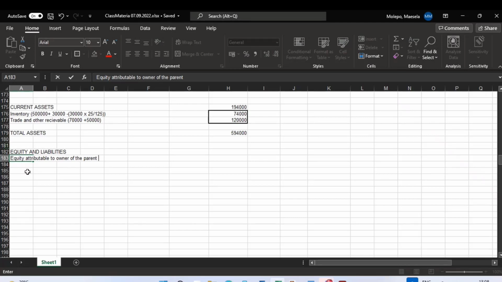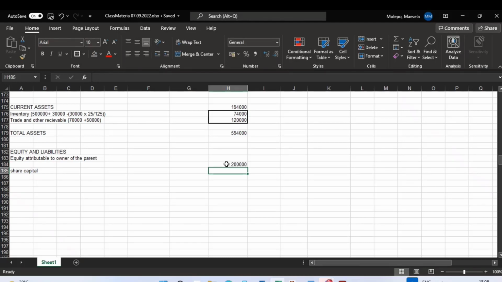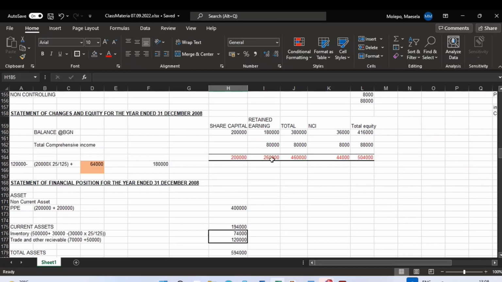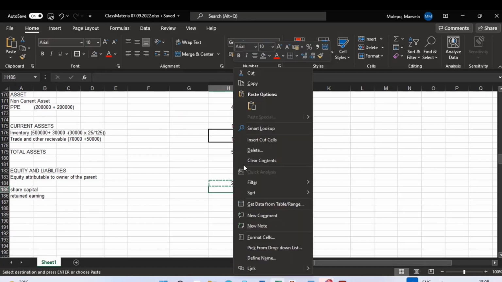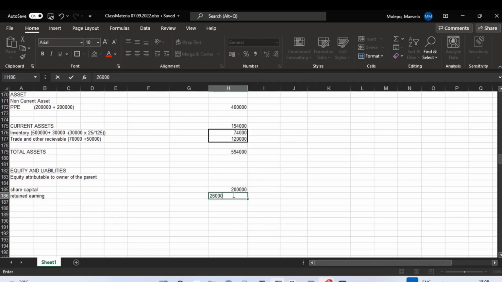Then we say share capital. We said share capital from the SCE is how much? You see it is 200, right? Yes, sir. Then it's 200. And then the retained earnings will be 260. And then we add the two, they give us 460.